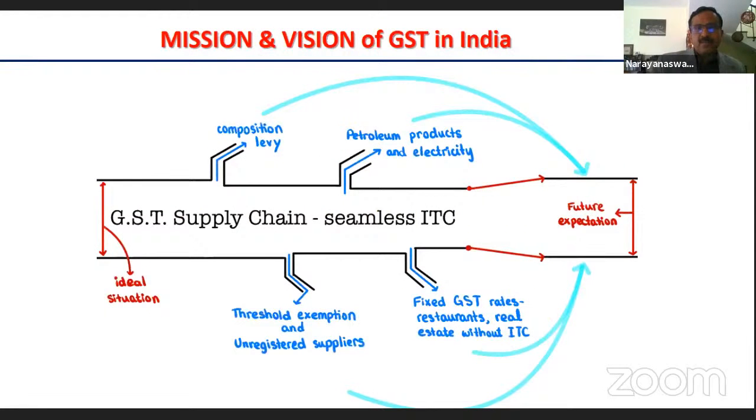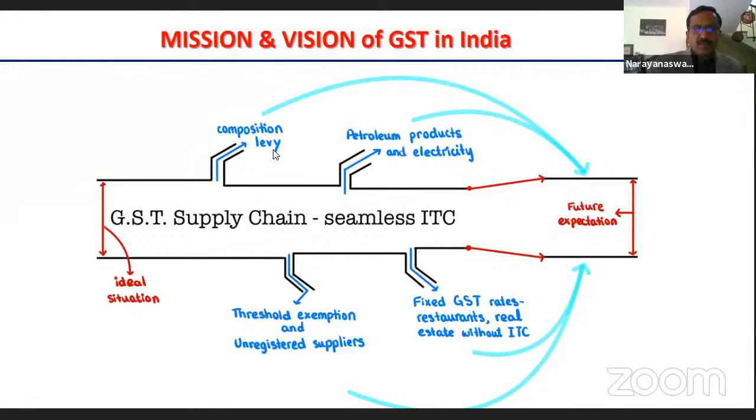Summing up the vision for the future, this is a diagram to explain the vision. Thanks to my daughter for drawing this diagram for me. Here, if you notice, in an ideal situation, everyone should be in the mainstream of GST. But for our own diverse reasons, because we have a large number of small sectors, there are provisions where they will not be operating in the mainstream.